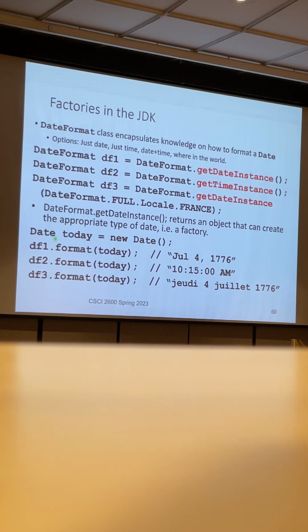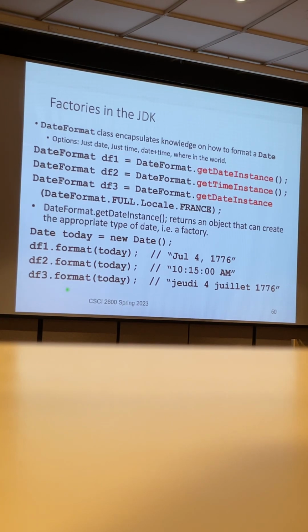All right, and that allows us to have very elegant code. So we have a date object which corresponds to today. And then we similarly call the same method format, but on different variables. And the results are very different because you are actually not calling the same format method. Do not believe your own eyes. They are different format methods because the format method is overridden in each class that extends date format.